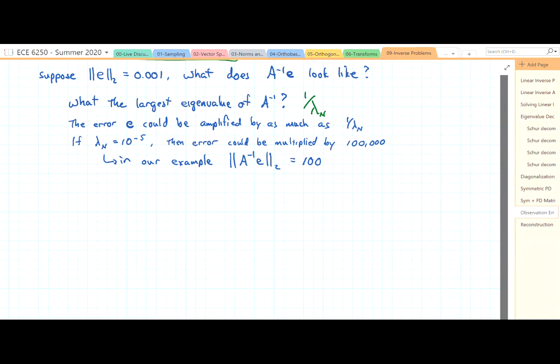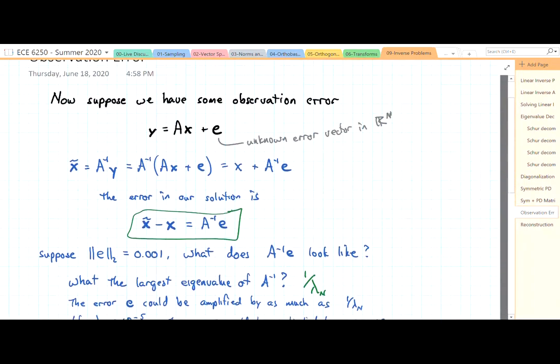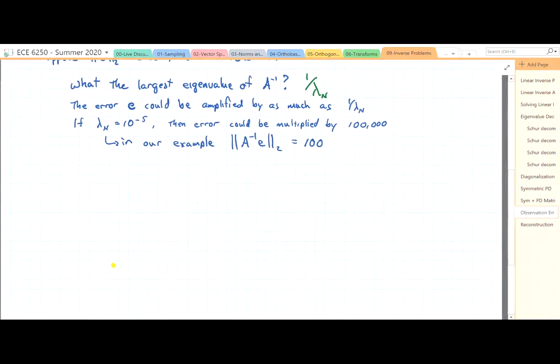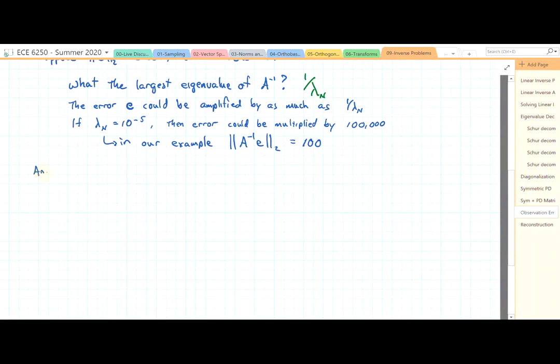So, as another example, let's assume, as I mentioned earlier, that A blurs the rows of an image.